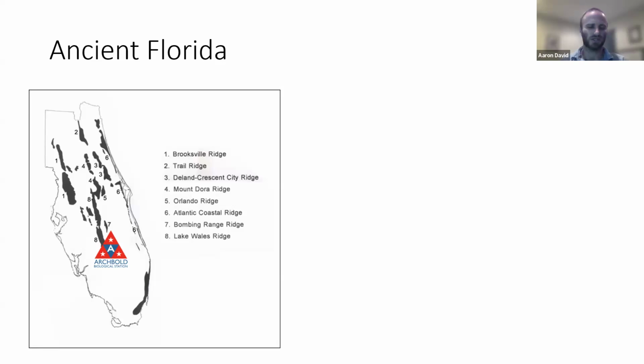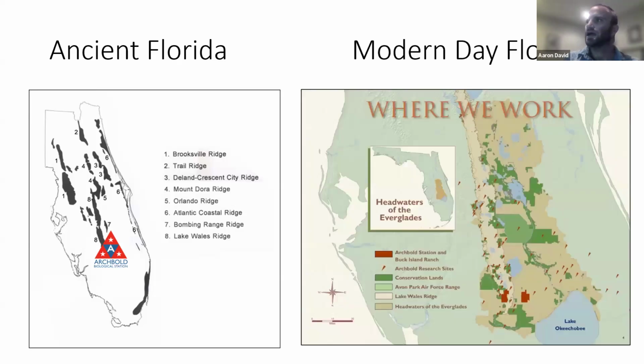At our Archbold Biological Station, for those that aren't familiar with us, we are a nonprofit research institute. We're a field station. We have a roughly 5,000 acre scrub preserve and about 15,000 other acres of working lands. Where we work here in Florida is what is known as the headwaters of the Everglades, the water system that feeds into Lake Okeechobee and then into the Everglades.